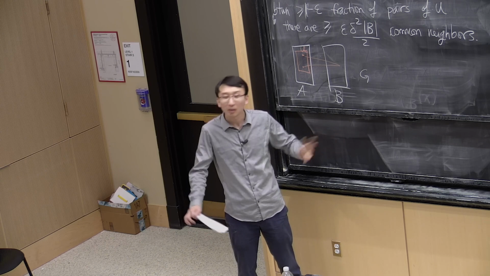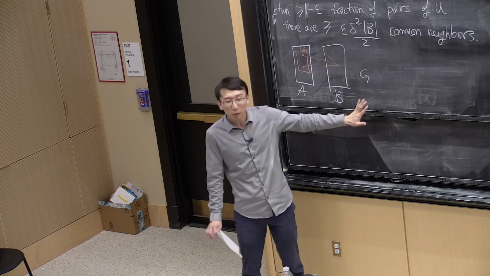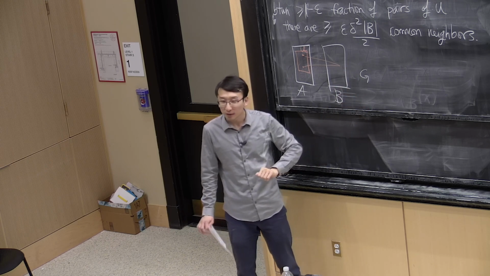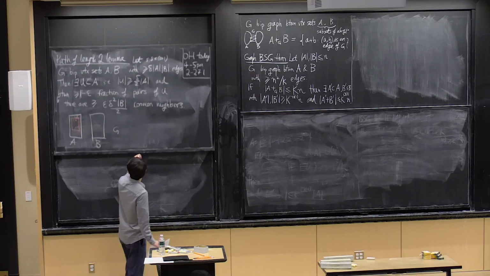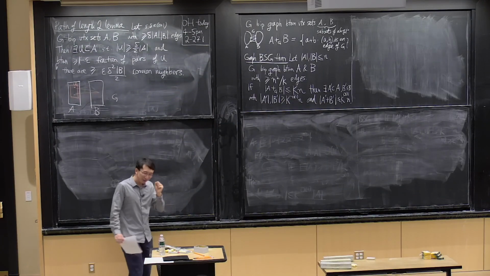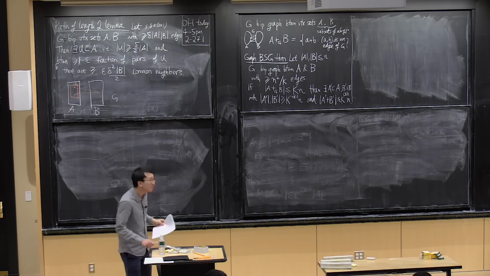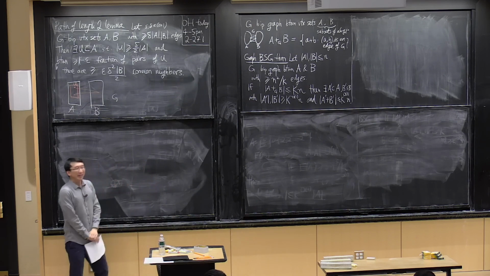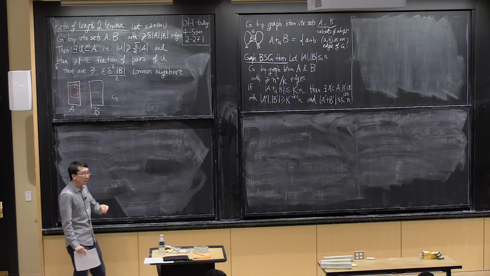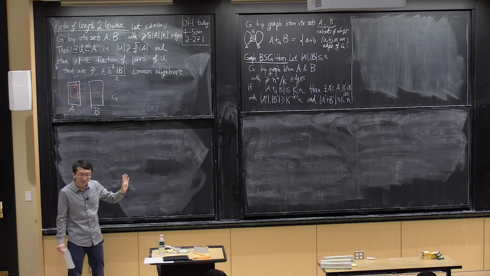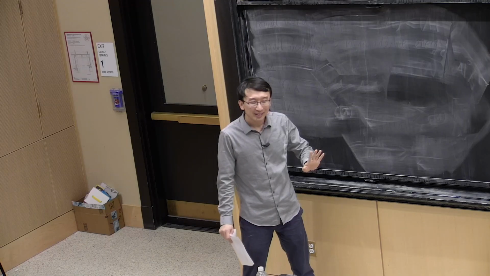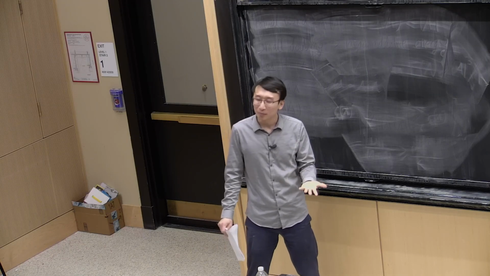In fact, it's the same type of technique that we'll use to prove this lemma over here. Okay, so now who remembers how dependent random choice goes? So the idea is that we are going to choose U not uniformly at random. So that's not going to work. We're going to choose it in a dependent random way.